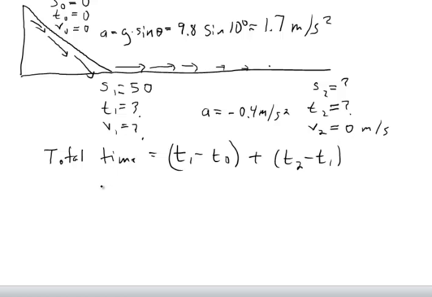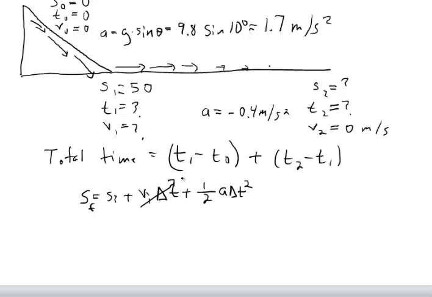Down the incline, we want to get the time. We do not know velocity, so we use the same formula we did in the previous problem. S final equals S initial plus V initial delta T plus 1/2 A delta T, time interval squared.